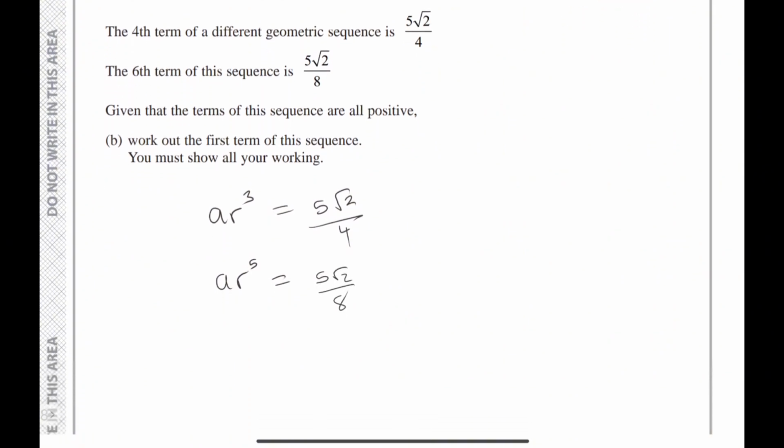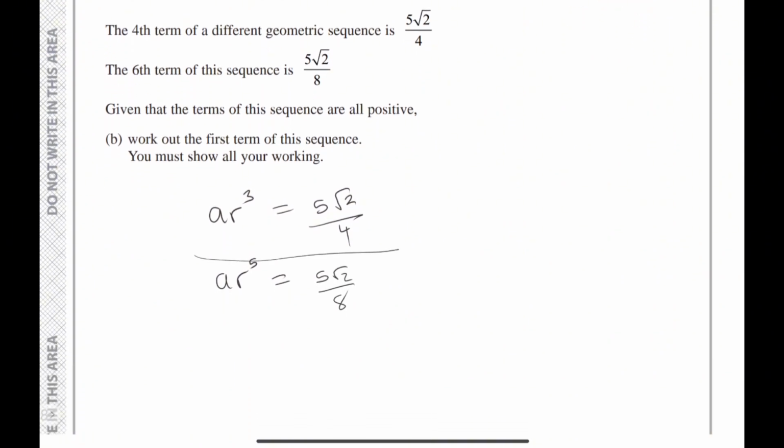So what we have to do is to divide both equations. If we divide the two, we are going to have ar to the power 5 over ar cubed equal to 5 root 2 over 8 divided by 5 root 2 over 4.